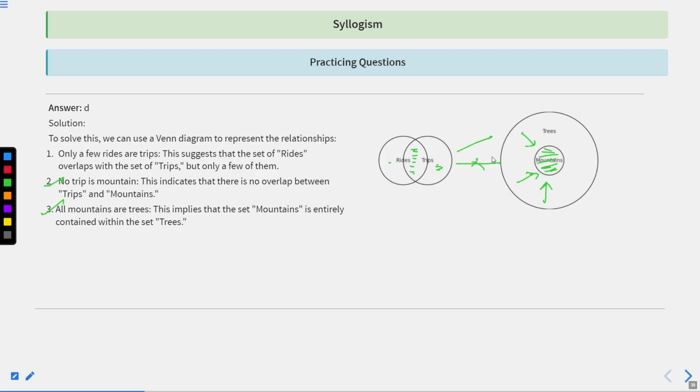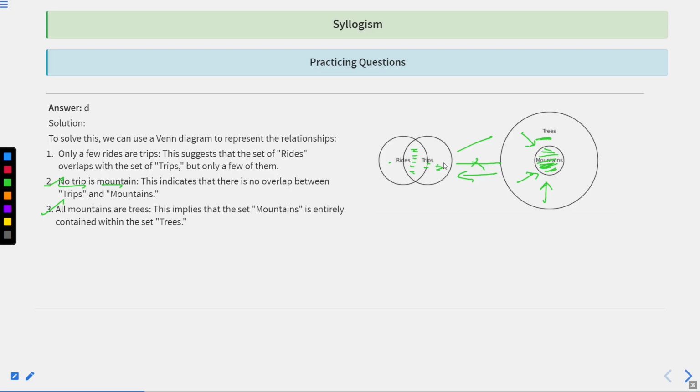So can we say that those trees which are mountains are not trips? Is it correct or not? Because there is a link between trips and mountains, that there is no trip which is a mountain.